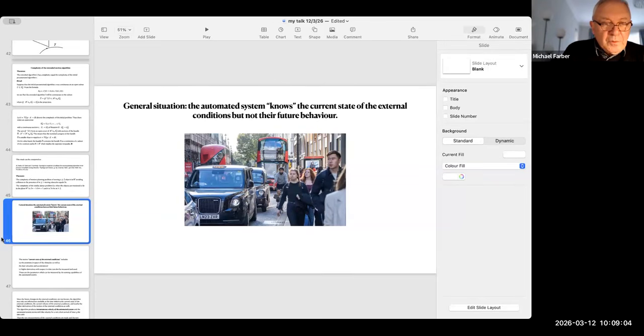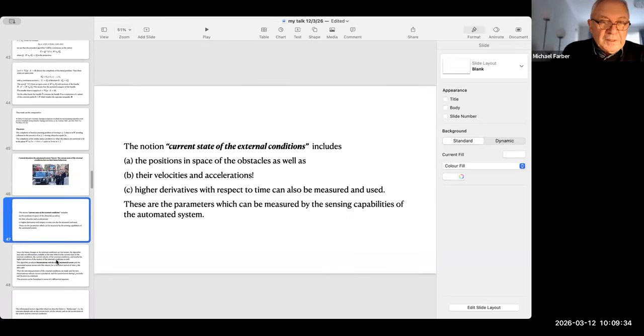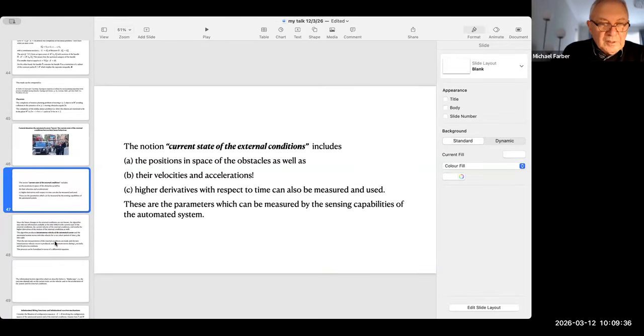And also, we can not only measure their current positions, but we can also measure their velocities and their accelerations. Everything infinitesimal can be measured by sensing. Higher derivatives, in principle, can also be measured, but I will not discuss this.